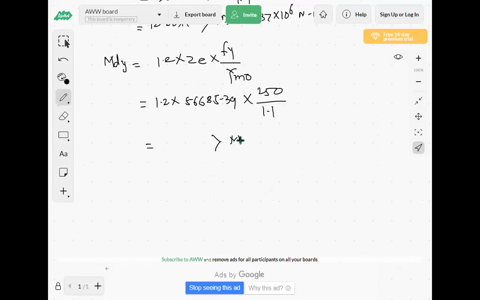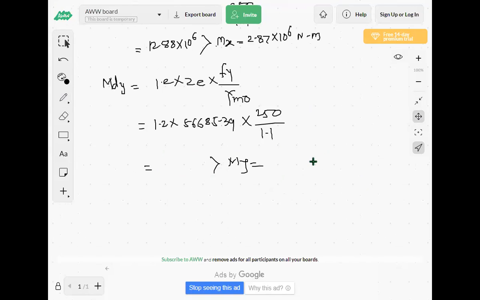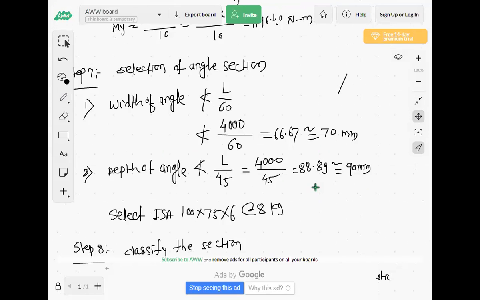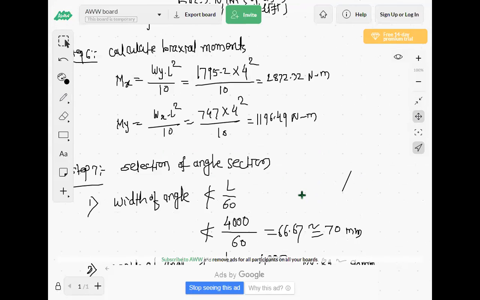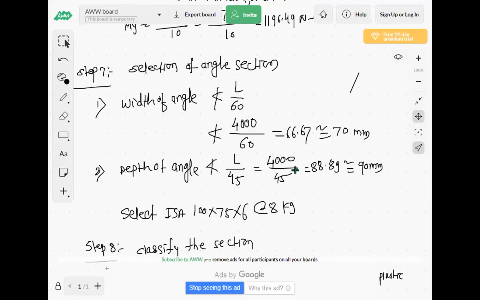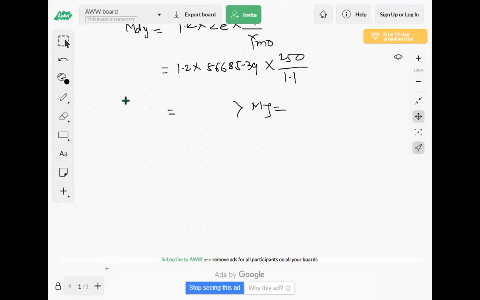This is again greater than my. So again my is 1196.49. So tell me this answer.